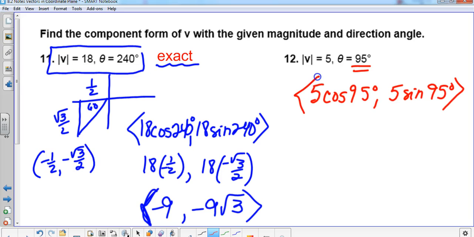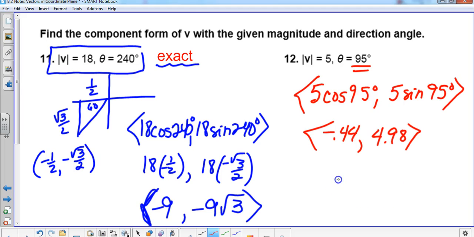Anybody have some decimals for me? Negative 0.44, and this one, 4.5.